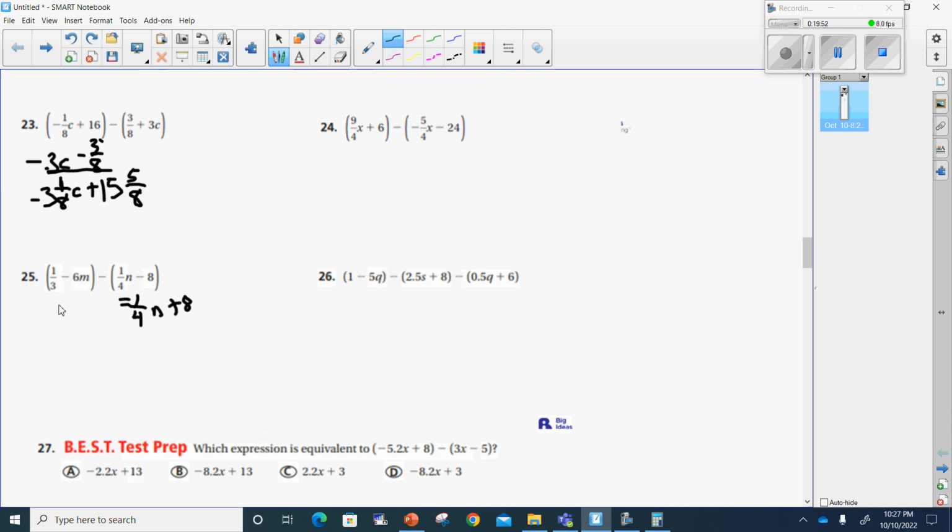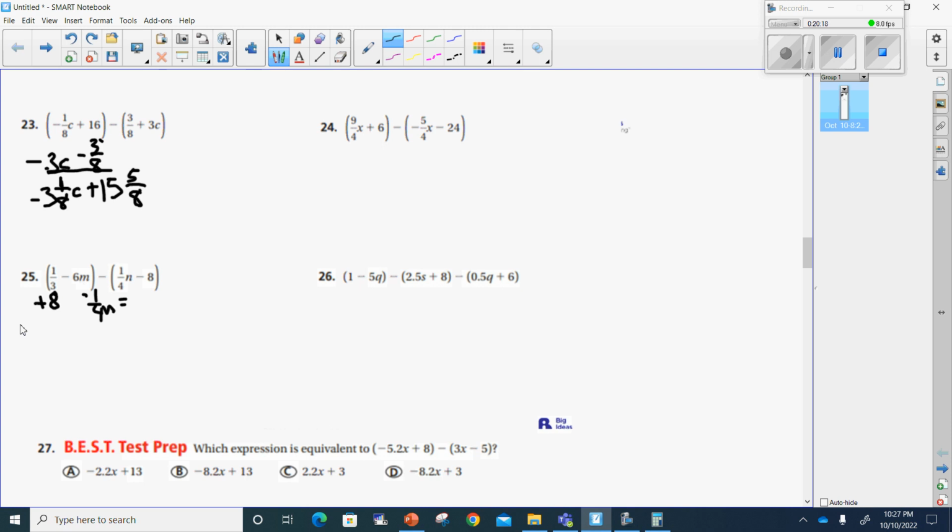So I do have a number that I can put underneath 1/3, but I do not have an m to put under there. So this is going to stay right where it is, 1/4 n by itself. And it was a negative 1/4 n, so let me not forget that.